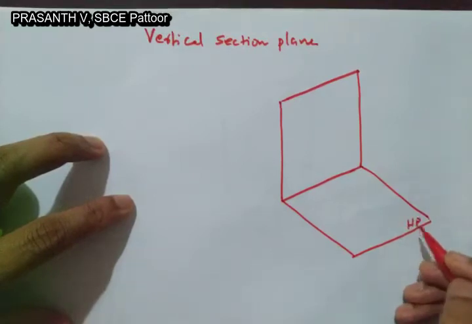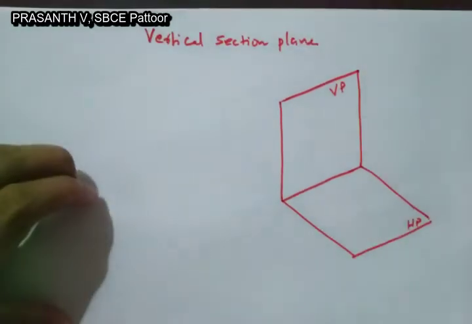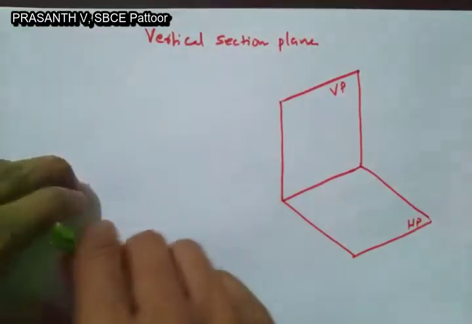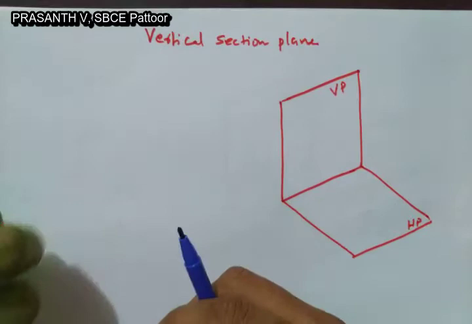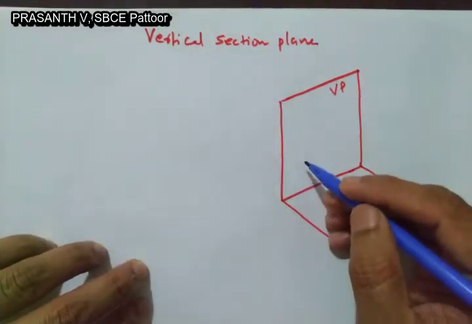As you know, this is HP, here it is VP, and the section plane here is parallel to VP and perpendicular to HP. So that will be like this.